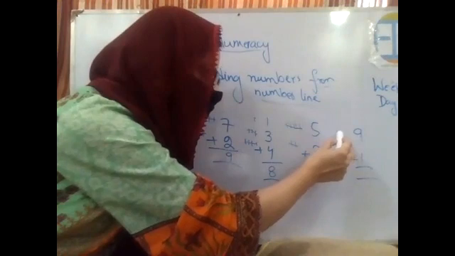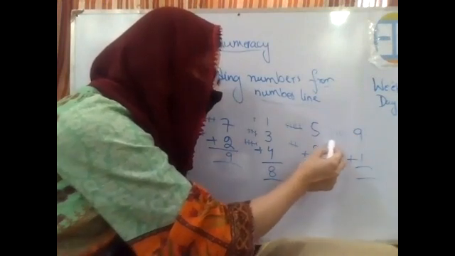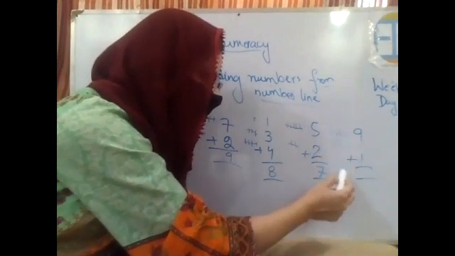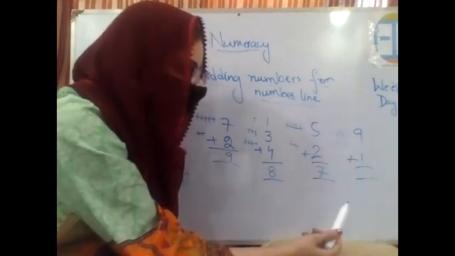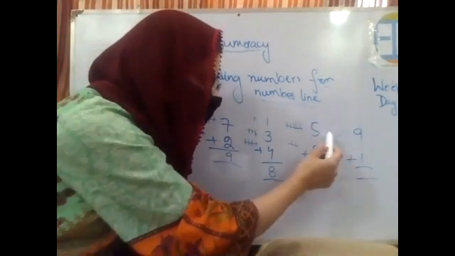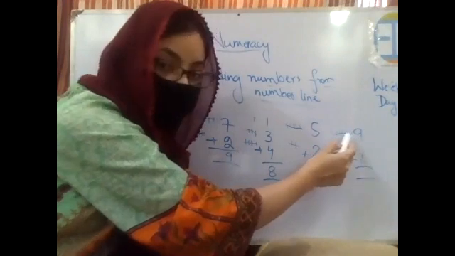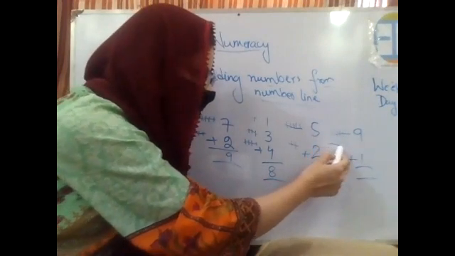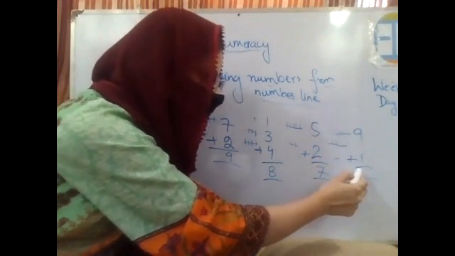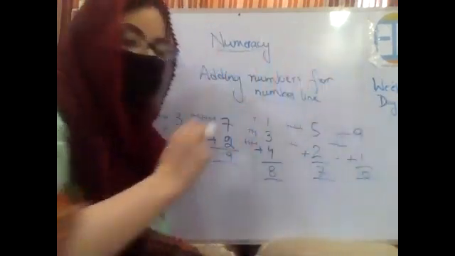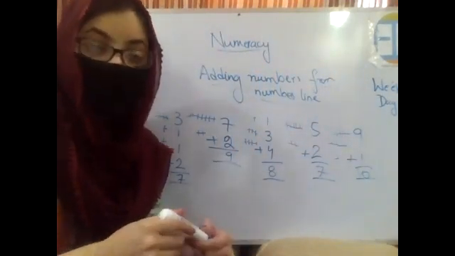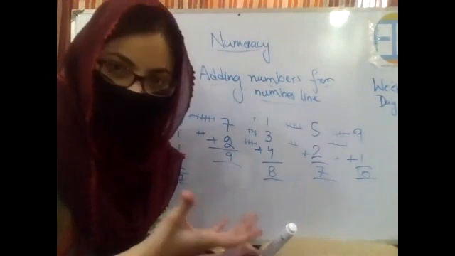Good. 1, 2, 3, 4, 5, 6, 7, 8, 9, and one line over here. Now let's start counting. 1, 2, 3, 4, 5, 6, 7, 8, 9, and 10. Got it? So this is how we do addition, right?